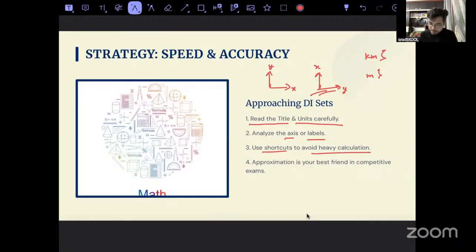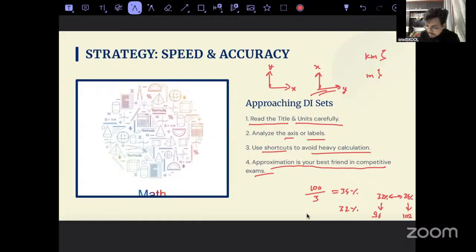Yeah. Next is, approximation is the best friend in competitive exams. Approximation as in, if I give you, let's say, 100 by 3, how much is this? 34% nearby, or you can say 32% also, or something in between 32 and 34, because 3 times 32 is 96, and 3 times 34 is how much? 102.